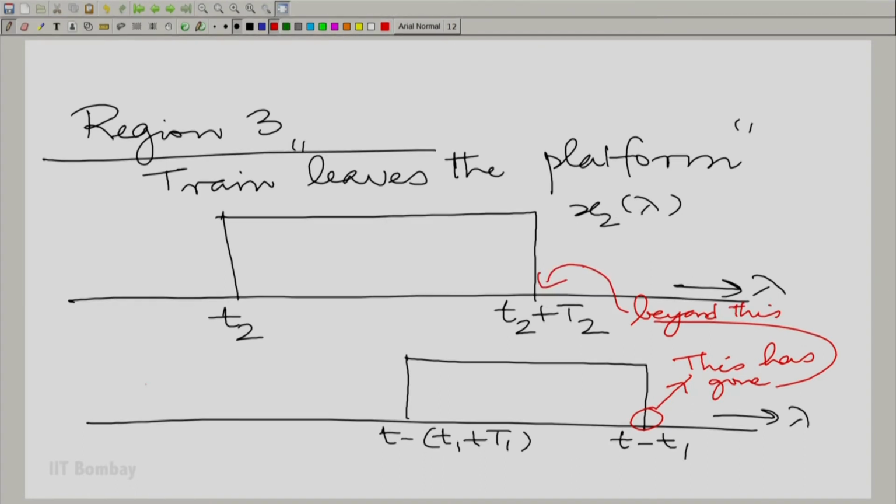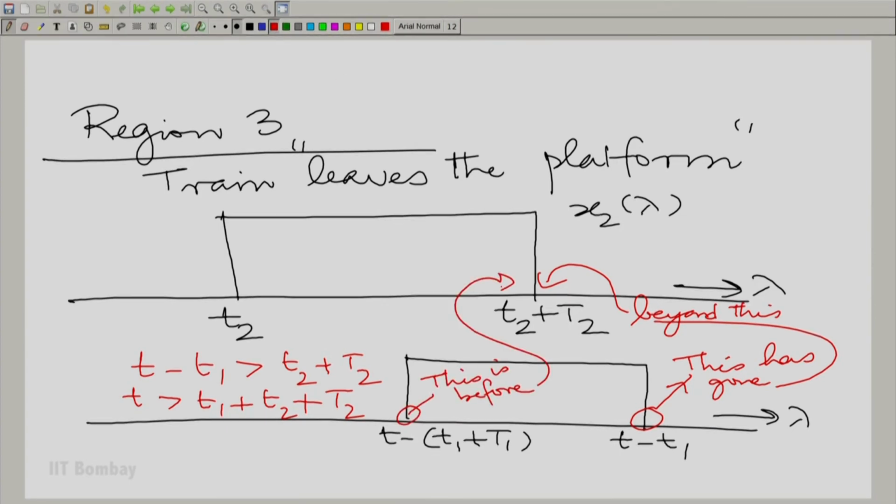In other words, T minus T1 is greater than T2 plus capital T2, or T is greater than T1 plus T2 plus capital T2. But on the other hand, this is before this. So, the last part of the train should not have left the platform strip.